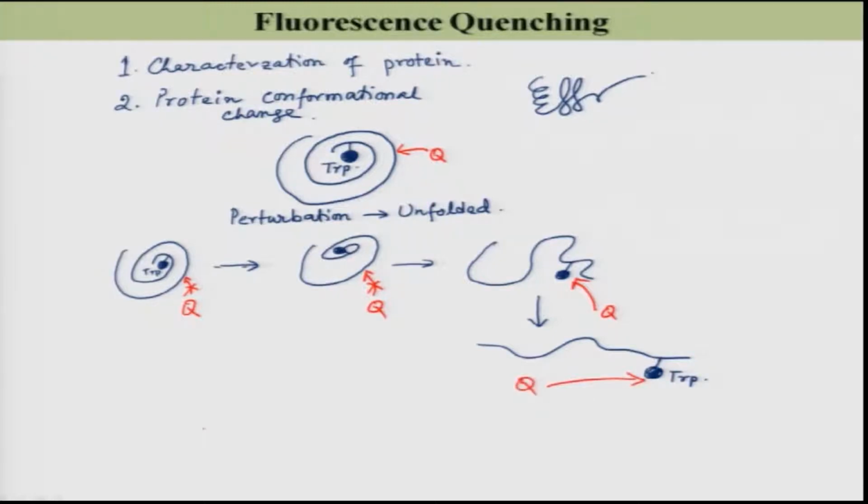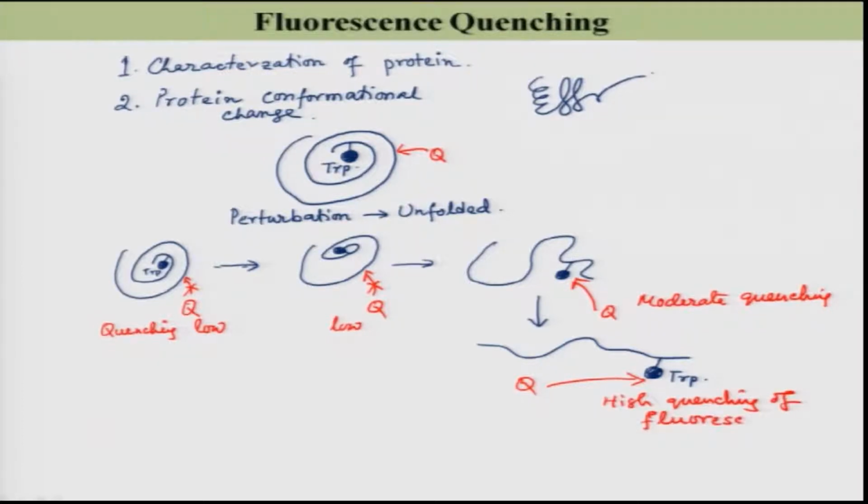Now, if I do this quenching experiment, here the quenching will be low, here also low, here moderate quenching, but here I will get high quenching of fluorescence.